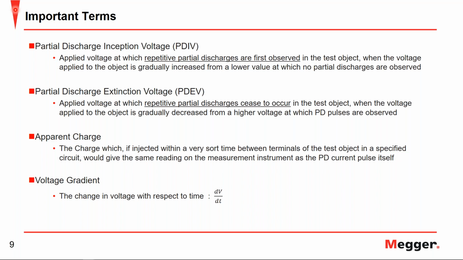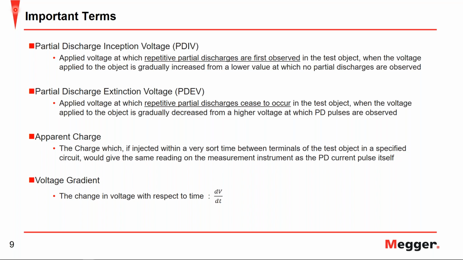And conversely, your extinction voltage is going to be that applied voltage at which those repetitive partial discharges cease to occur in that test object, as you're now gradually reducing from that inception voltage, or that higher voltage where partial discharge is taking place. And that's going to be your extinction voltage.